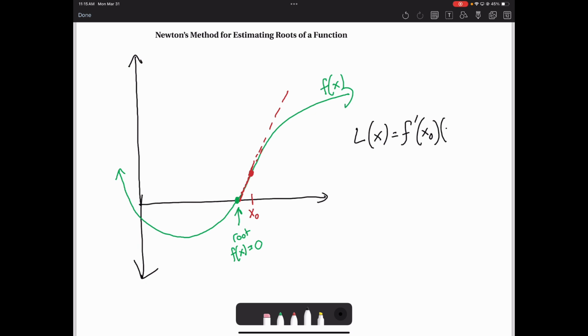So f prime of x sub 0 times x minus x sub 0 plus f of x sub 0. And, like Romeo was saying, what can I look for? I can look for where the linear approximation hits 0. I can look for that point where the linear approximation hits 0. And notice how it's pretty darn close.